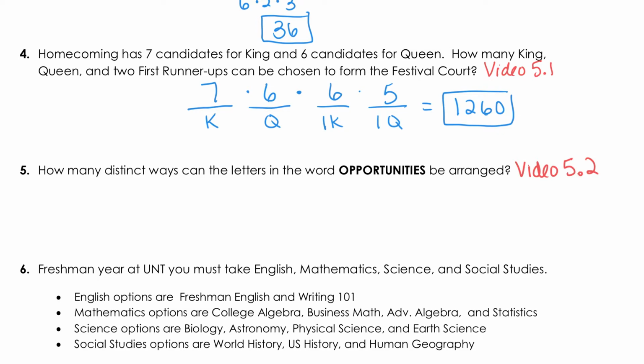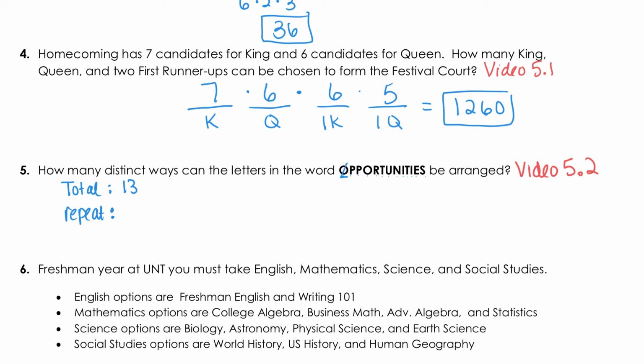All right, number 5 is a distinguishable permutation, and this was talked about in video 5.2. The first thing you have to do is write down how many total letters there are. So in the word opportunities, there's 1, 2, 3, 4, 5, 6, 7, 8, 9, 10, 11, 12, 13 letters. And then we also have to write down the ones that repeat, because that's what we're going to divide by.